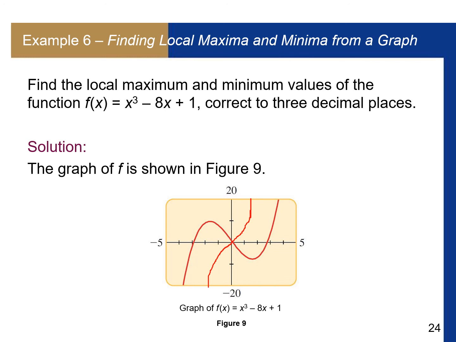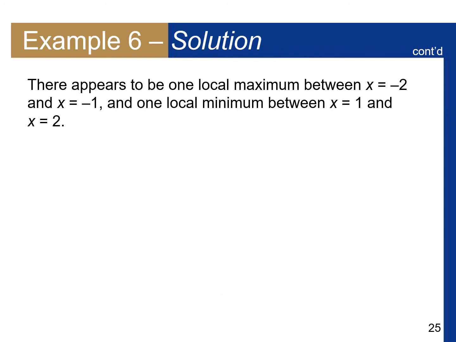The minus 8x in the middle is what causes the difference in between here. So there appears to be one local maximum between -2 and -1 and one local minimum between 1 and 2. And again, you want to go back and look at the last slide so that you can see that well.